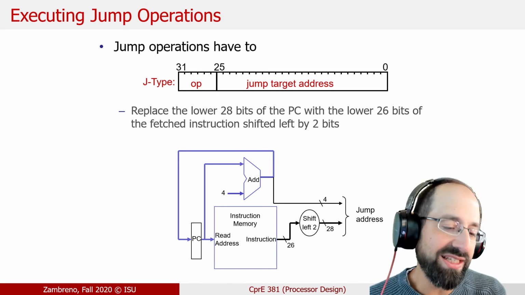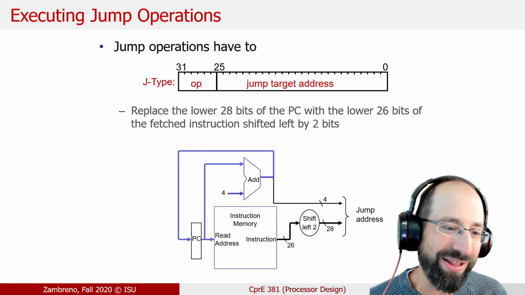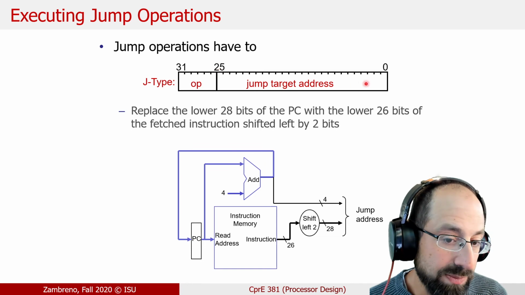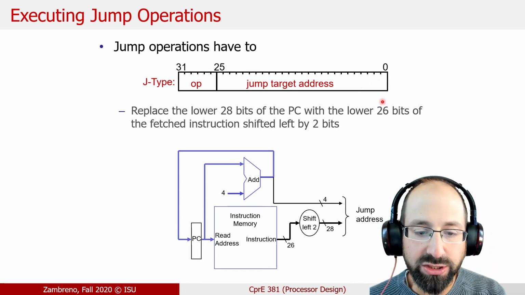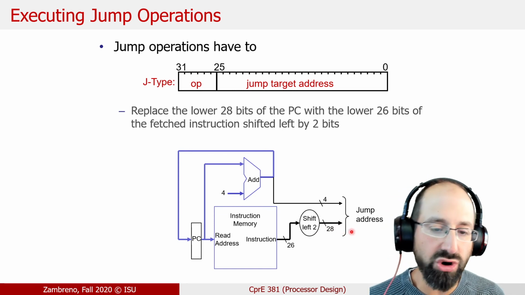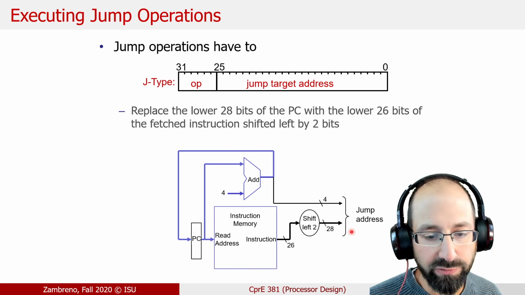So why waste an encoding of 2 bits by encoding that directly? They're implied by the encoding here. For those 26 bits we can tack on our 2 zeros at the end of it, and now we have 28 bits that we can use to overwrite the program counter value directly itself.